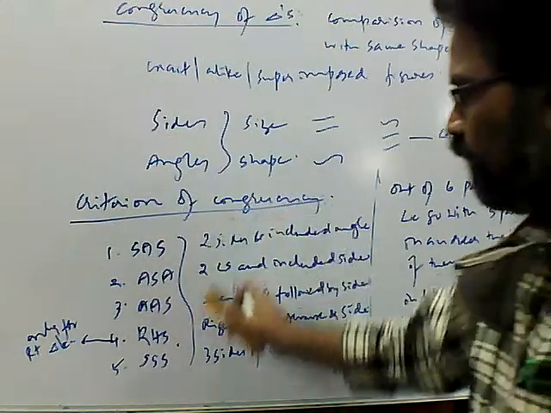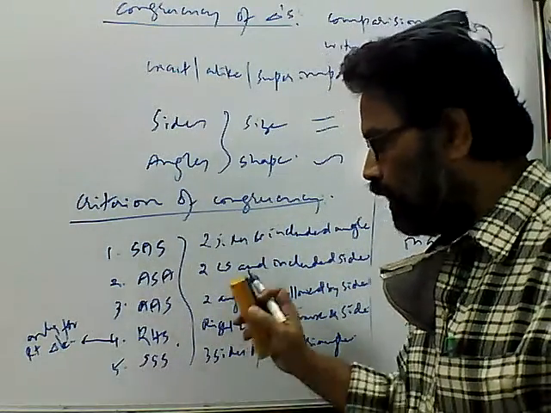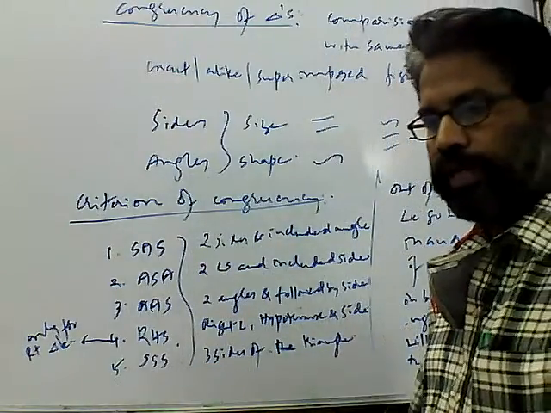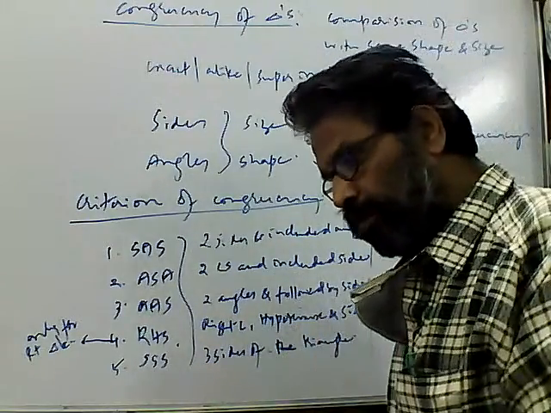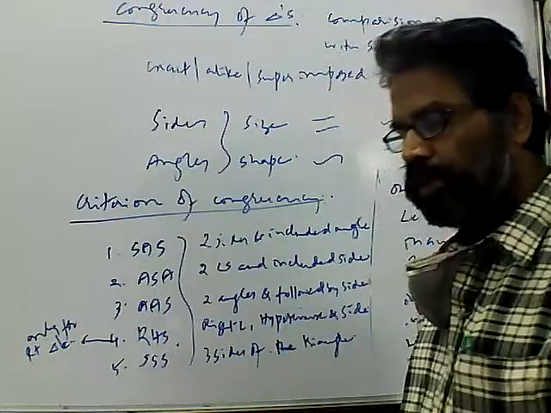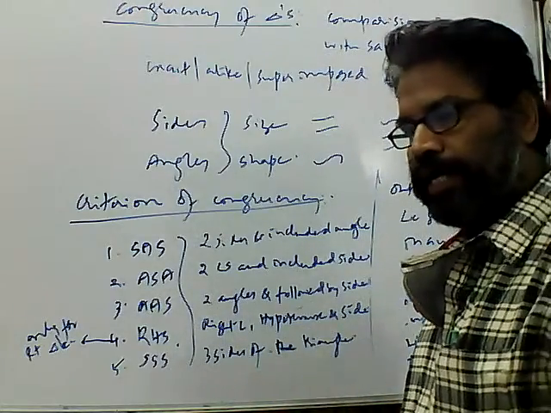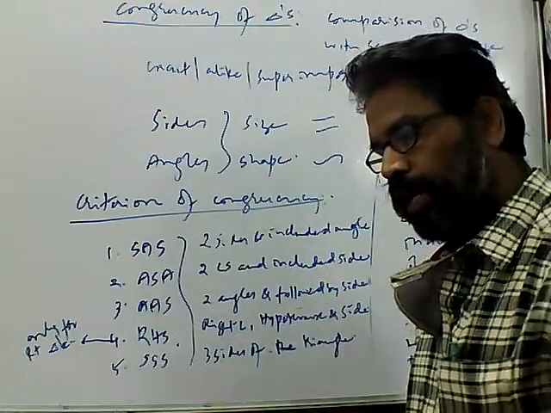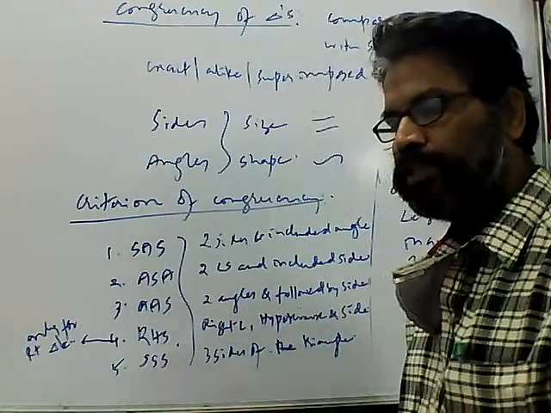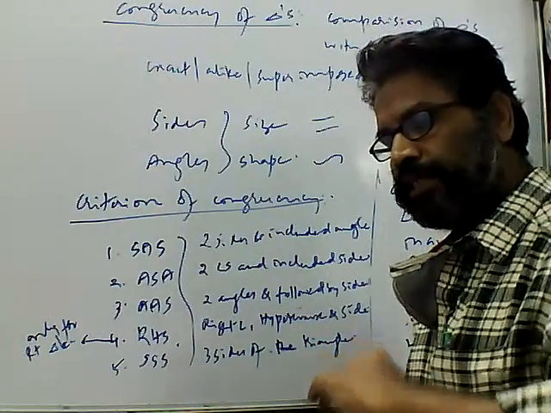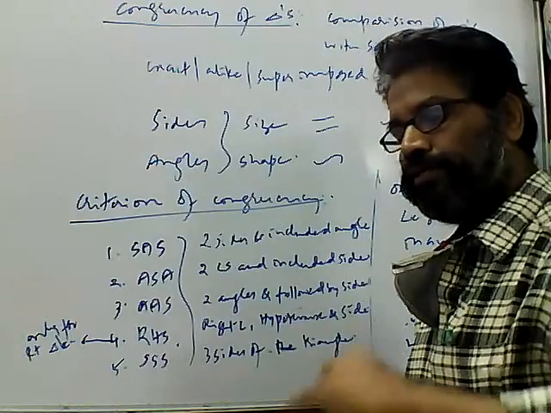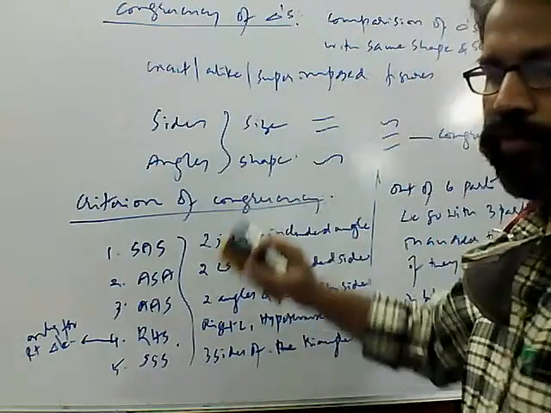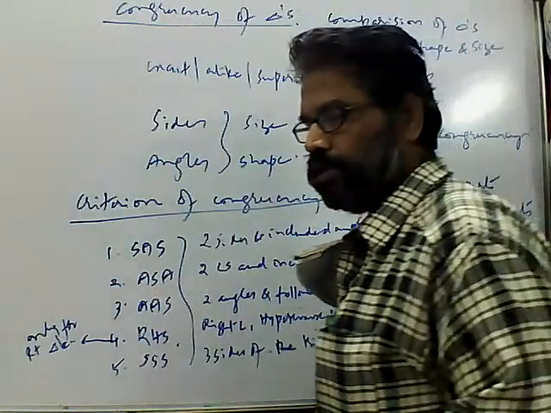If these three parts are respectively equal, these are established congruency conditions. If these parts are respectively equal to the other parts of the triangle, automatically the other three also will be equal, because there is a one-to-one correspondence between sides and opposite angles, and angles and opposite sides also. That we also discussed. So the other three also hold good, and the six parts are superimposed with the other six parts of the triangle, and the triangles are exact, alike, and congruent figures. So we know the figure and the symbol also.